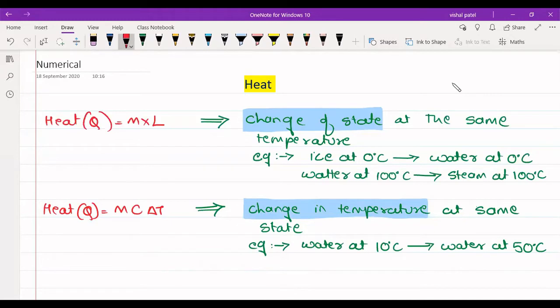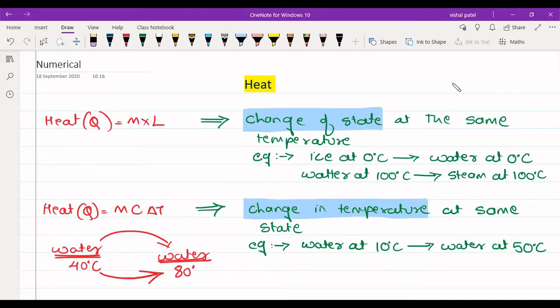If there is water at, say, 40 degrees Celsius, and I'm heating that water, I will get water at 80 degrees Celsius. So what do you see? Water is water only. It is in liquid state only. What has happened? Only there has been a change of temperature. So that time you have to use Q equal to MC delta T.